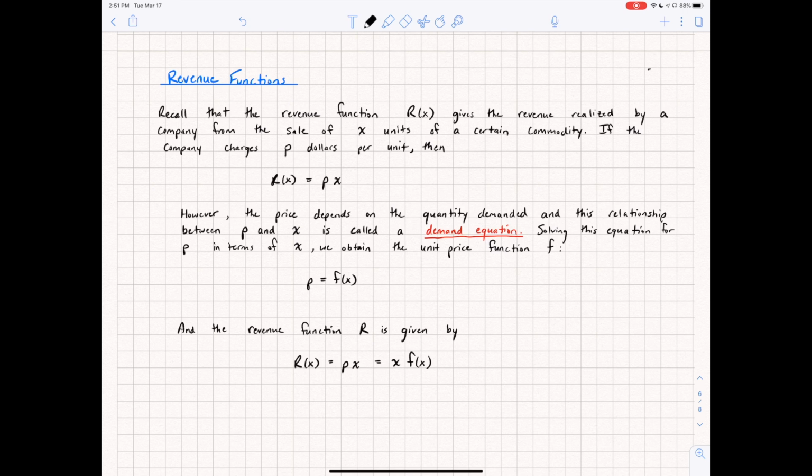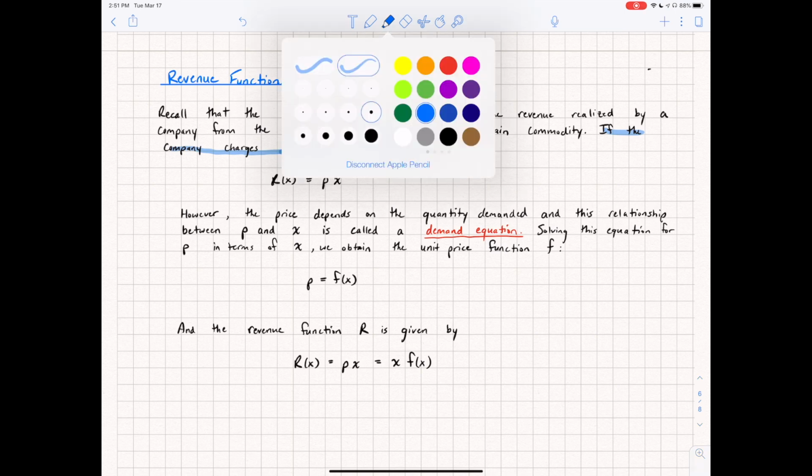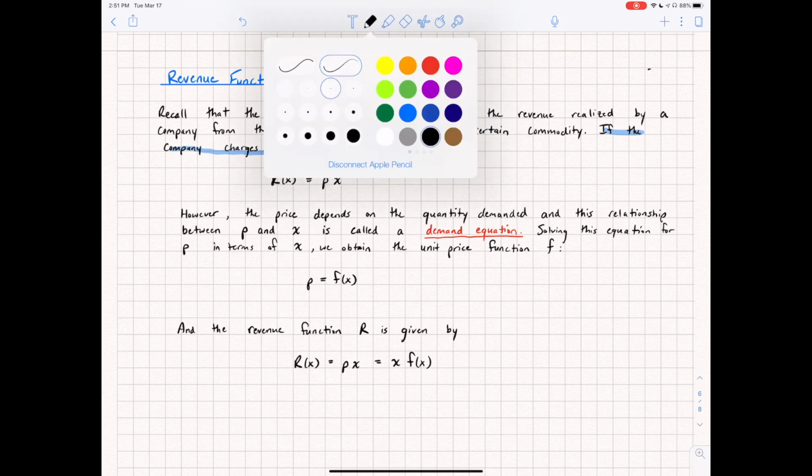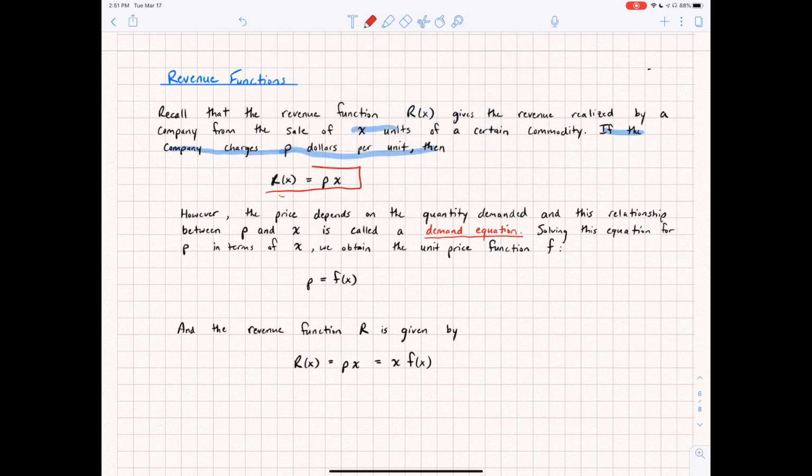If the company charges P dollars, then our revenue would be the cost per unit times X, the number of units. And you can see this formula given right here. So R of X would be equal to P times X.